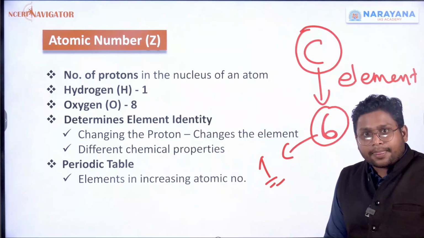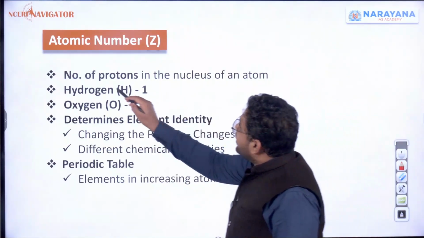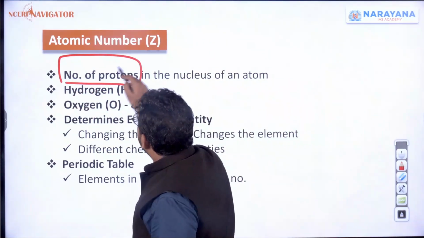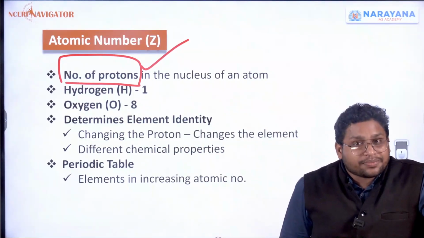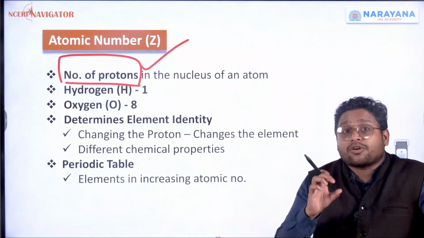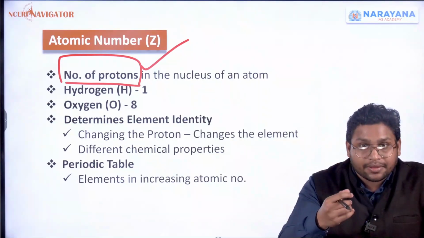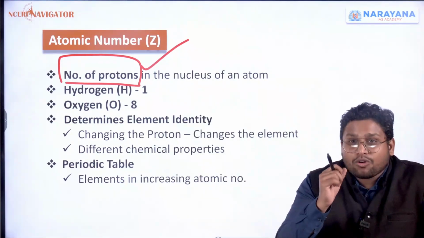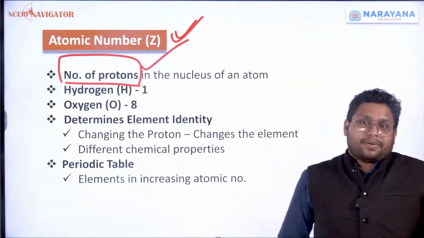And in this, if I look at the number of protons that are there, what will you see? The total number of protons present in the nucleus of one atom of carbon will be called the atomic number of carbon.